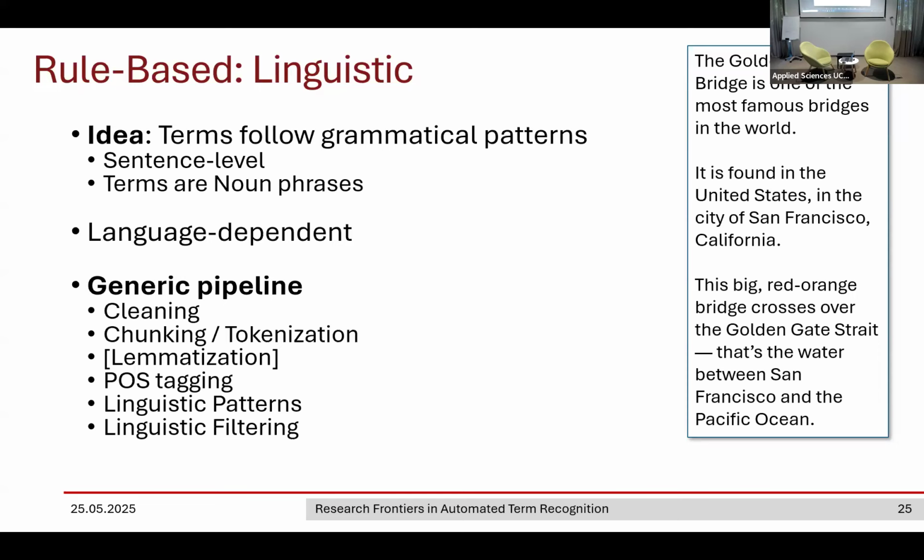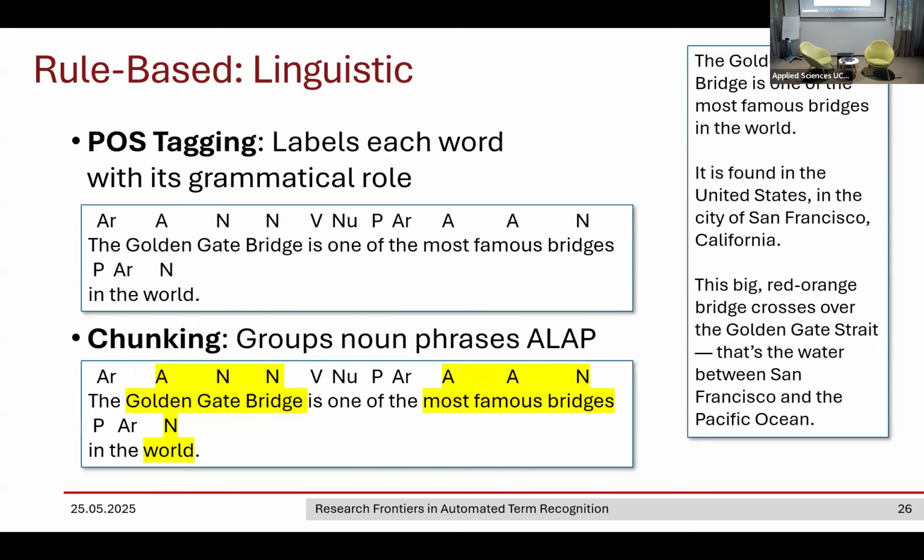So the generic pipeline comprises cleaning, chunking, tokenization, lemmatization as an option, part of speech tagging, extracting linguistic patterns, and linguistic filtering. So this is for POS tagging, based on one sentence from our Golden Gate Bridge example: The Golden Gate Bridge is one of the most famous bridges in the world.